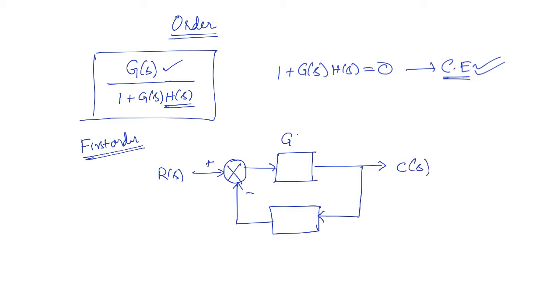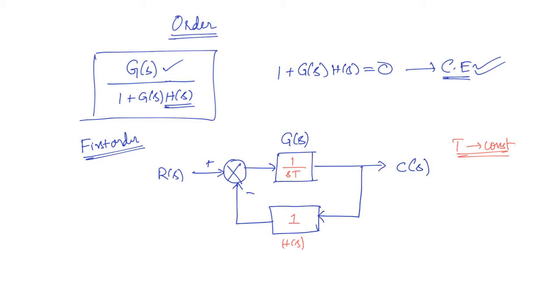The forward path transfer function G(s) we will take as 1 by sT, where T is some constant. The feedback path we will take as 1. Whenever there is a unity feedback, it is called a unity feedback system, that means the transfer function H(s) is equal to unity.